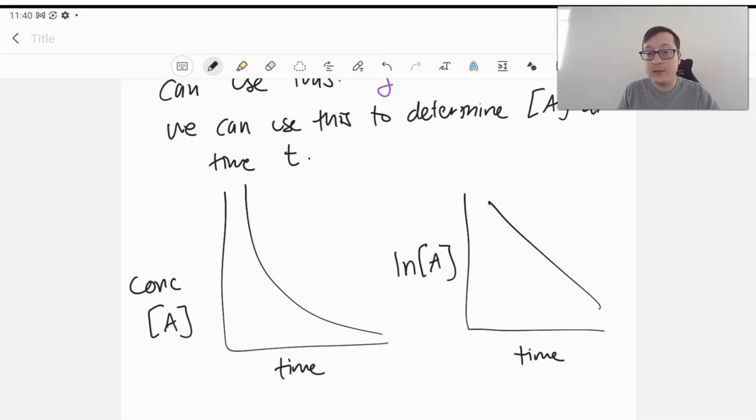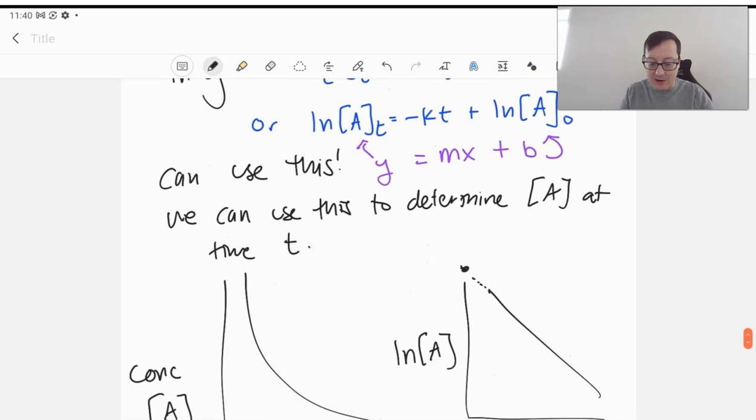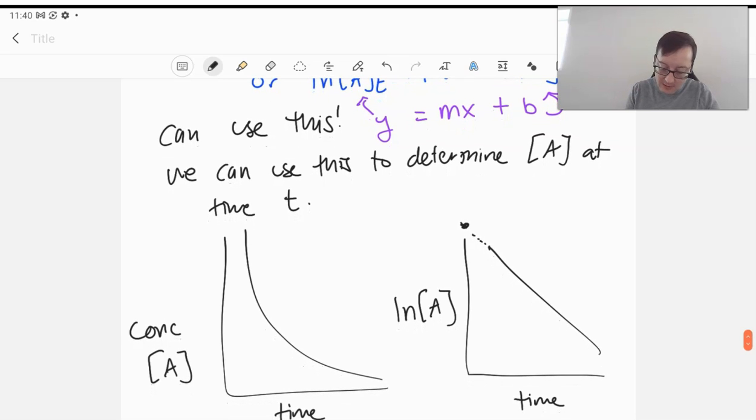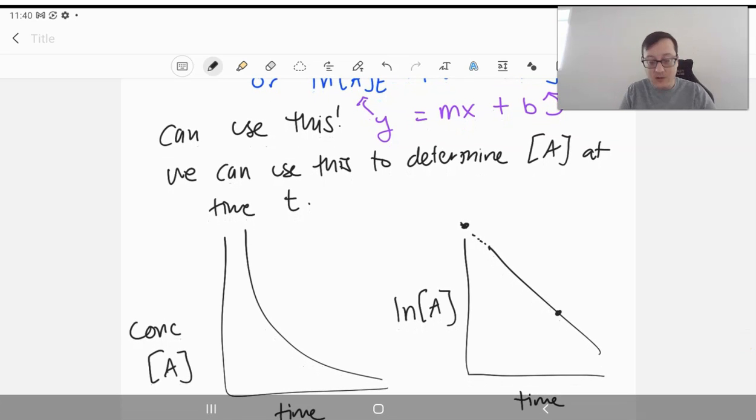And so this is very valuable because that means we can say, aha, if we know what we started with, aka our y-intercept, that's the amount we started with, that's b, right? That's our initial concentration of A. We can figure it out. Say if we want this point, we can figure it out.